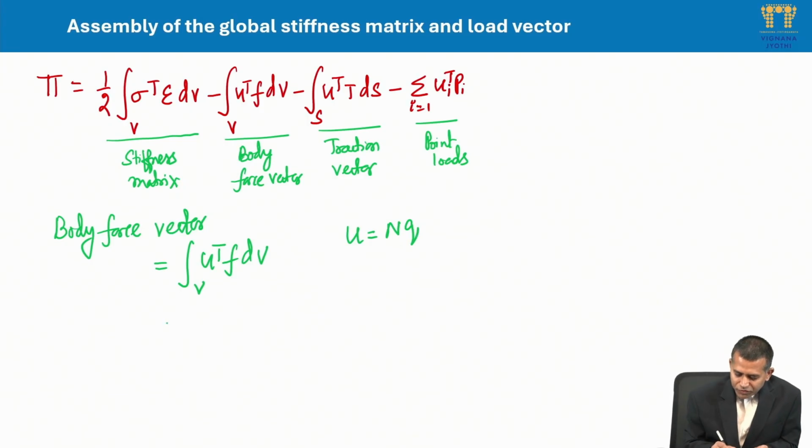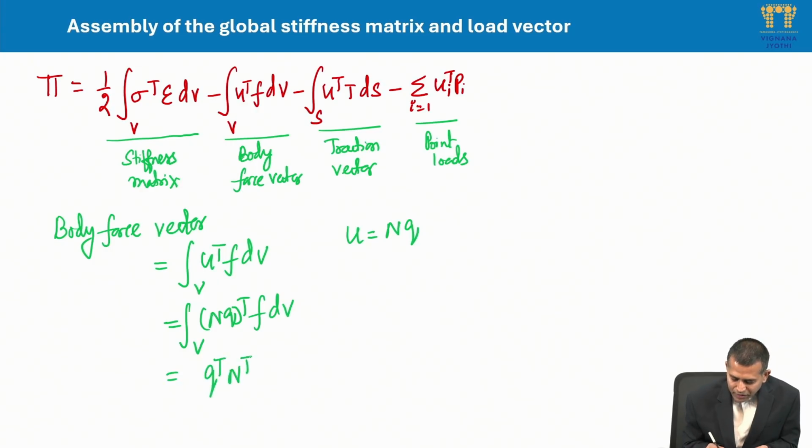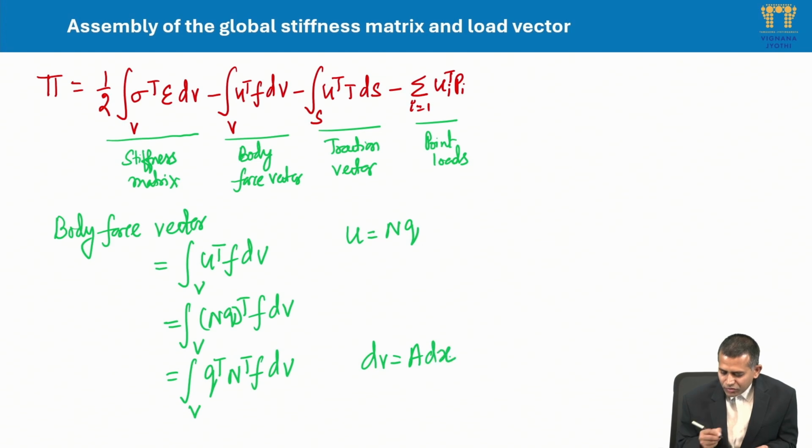If you substitute here, you will get u transpose, that is (Nq) transpose into f dV over volume. So you can write this as q transpose into N transpose into f dV over volume. And we also know this volume dV you can write as A into dx, right?